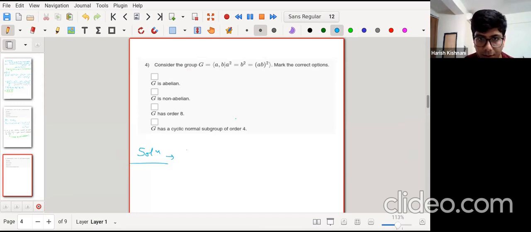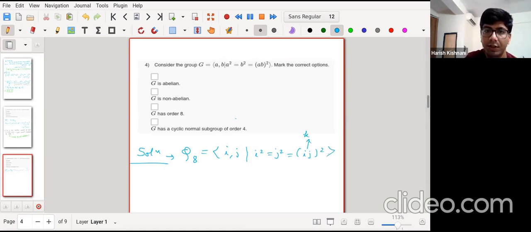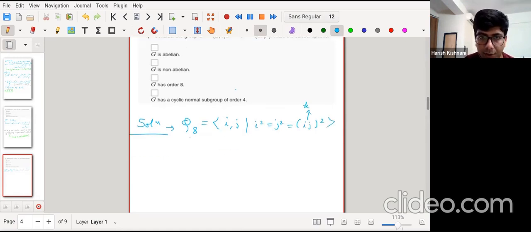You can check that Q8 is generated by i and j such that i squared is equal to j squared is equal to (ij) squared, which you also name as k. Q8 as a group can also be written like this: 1, minus 1, i, minus i, j, minus j, then k and minus k, right?